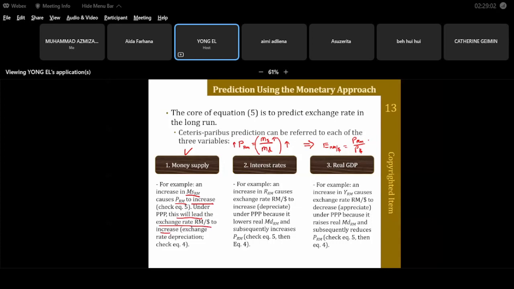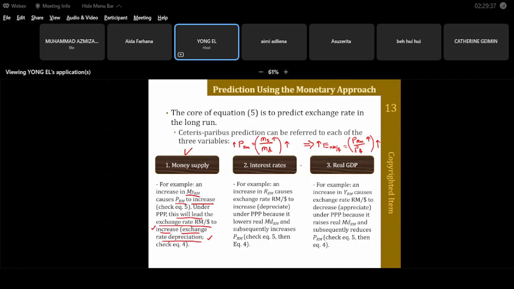From here, we know this increases. Overall, the ratio becomes higher, and the exchange rate increases. So this one is correct. An increase in exchange rate here means the Malaysian ringgit weakens, meaning it becomes less powerful compared to the US dollar. That is exchange rate depreciation. Okay, this is the first case.